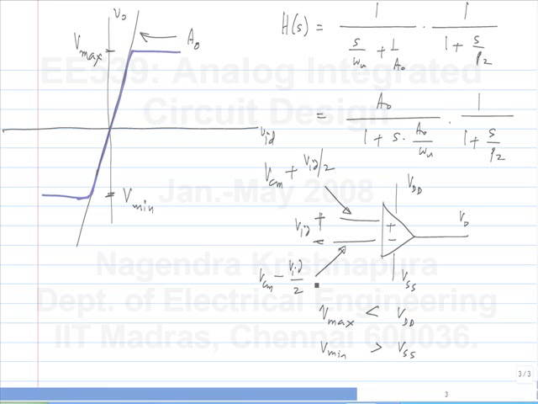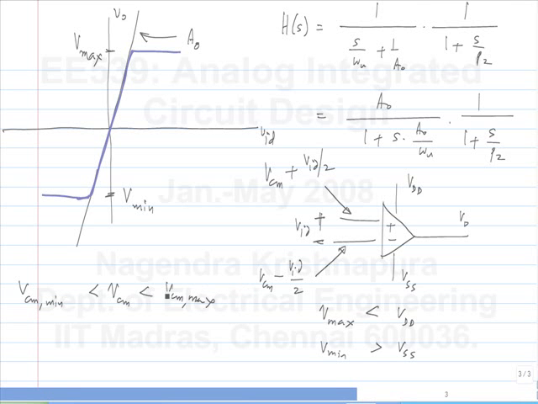VDD by 2. VDD plus VSS by 2. See, again, VCM has a certain range. This is not something that is fixed. VCM can be any value in a certain range, and you can choose the value of VCM with which you can bias the op-amp. It's not that it has to be at the midpoint of the supplies.